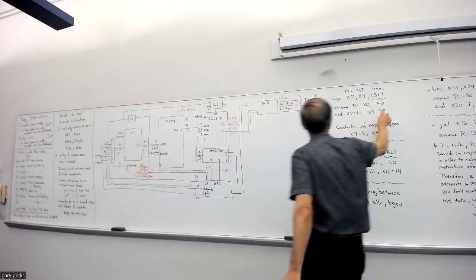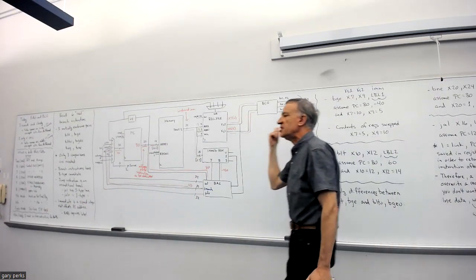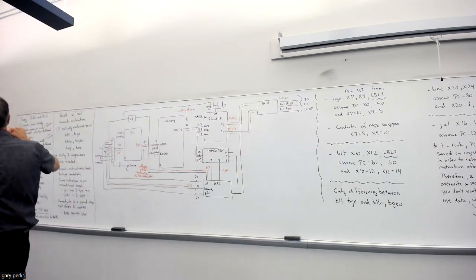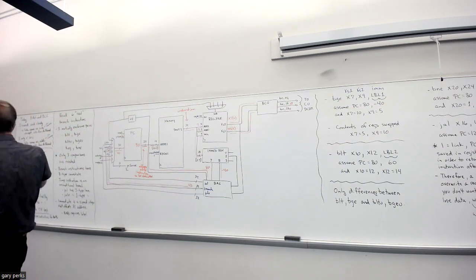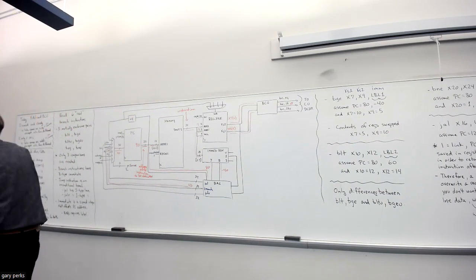I just picked the negative value here, and the reason the immediate can be either negative or positive is because you can either branch back to an earlier instruction, or you can branch ahead to a later instruction. Which one is positive?